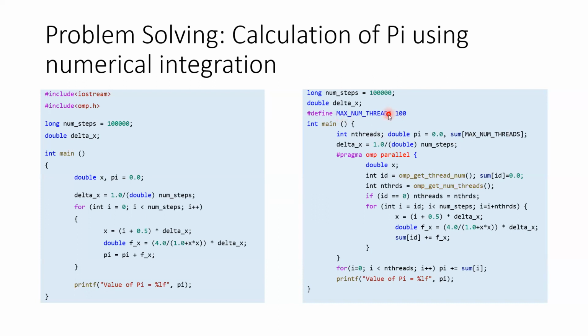Then one doubt I have is, if we have 4 threads, the sum array length is 100, right, sir? But if we have 4 threads, we'll be writing in only 4 entries. Yes, only 4.